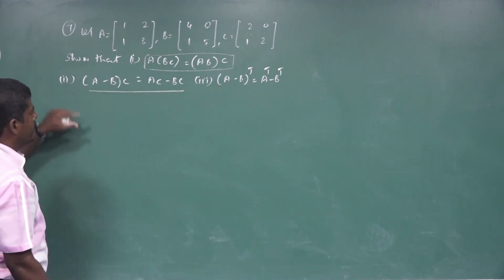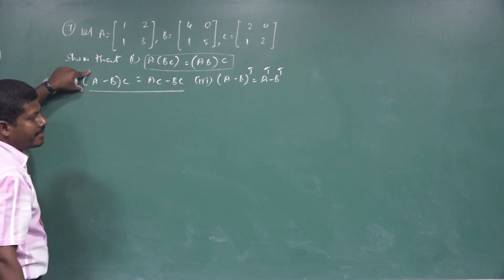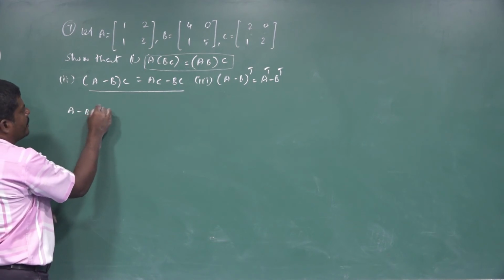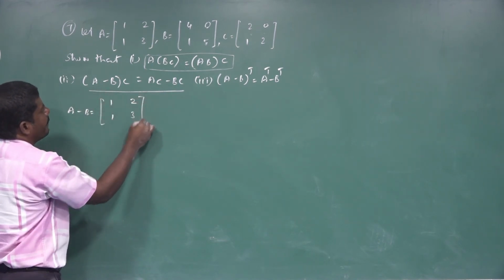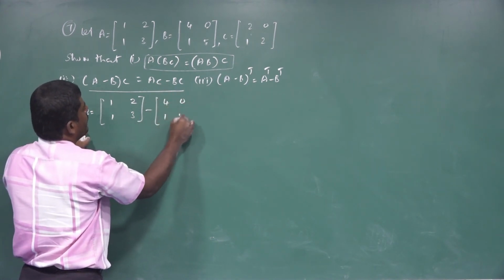Second question, first you take the left side. So within the bracket, A minus B is there. First you find A minus B. A minus B is equal to A matrix 1, 2, 1, 3 minus B matrix 4, 0, 1, 5.